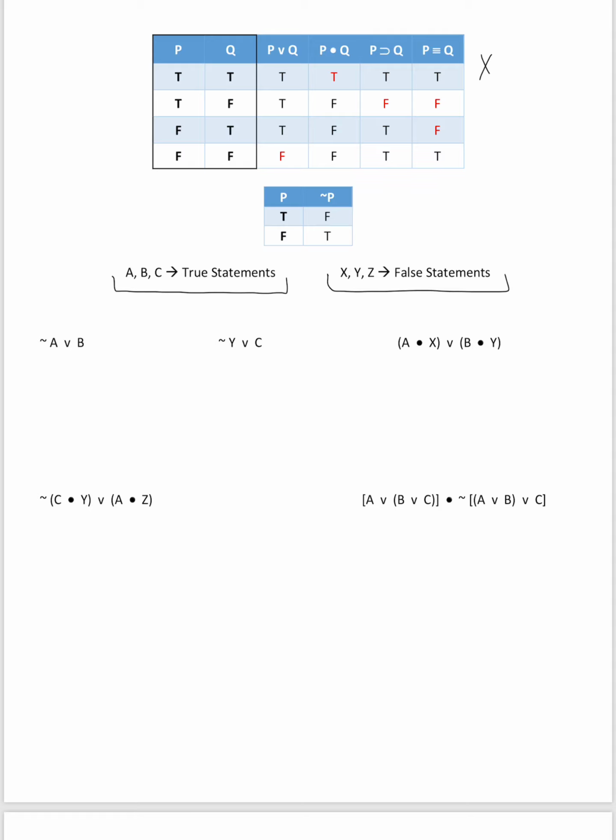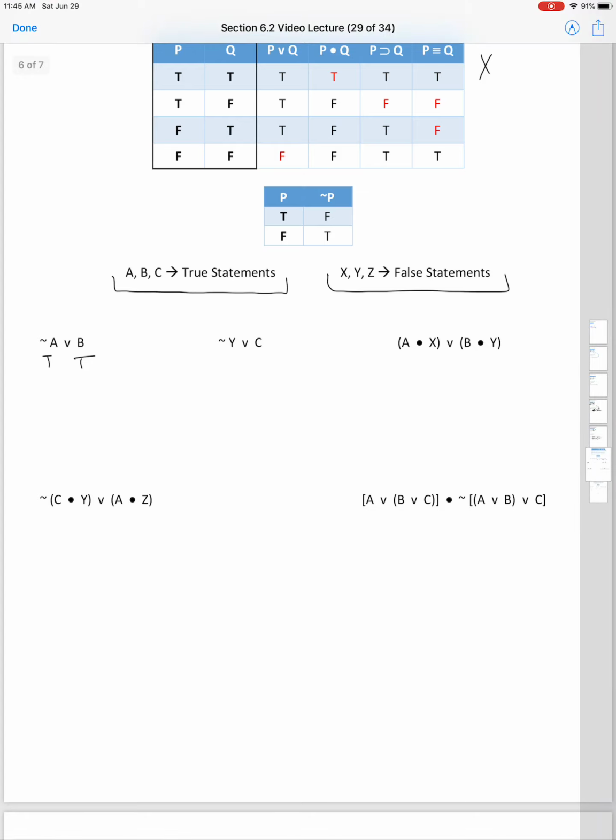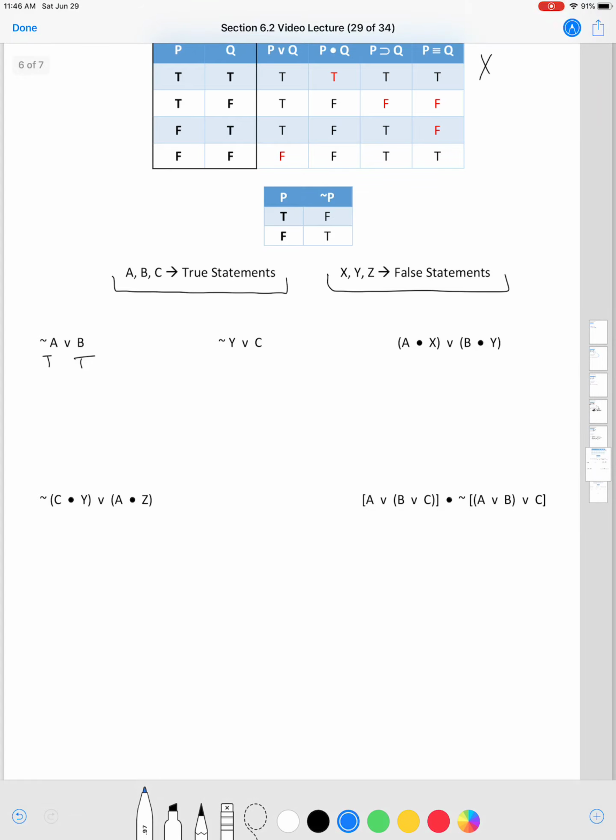Later on, we're not going to know, and then we'll have to do long truth tables to determine the validity of a statement. However, for right now, we're just going baby steps. Okay? So what this means is if you have an A, it's true. Okay? If I have a B, it's true. Okay, got that.